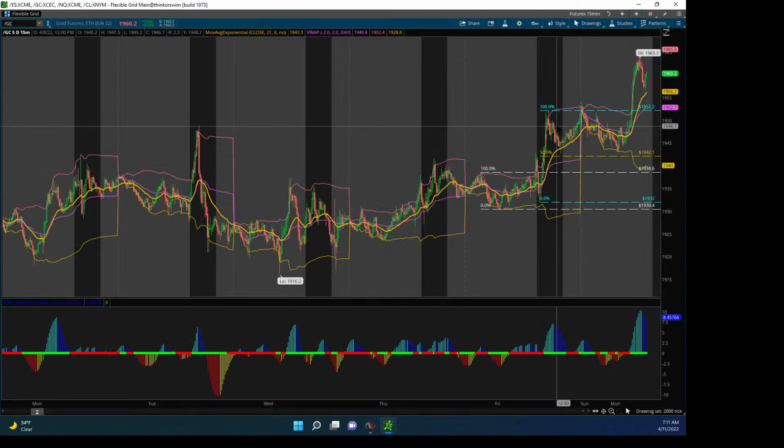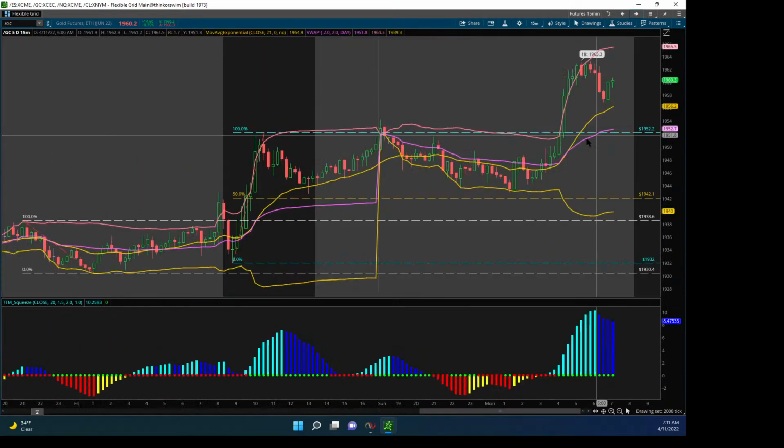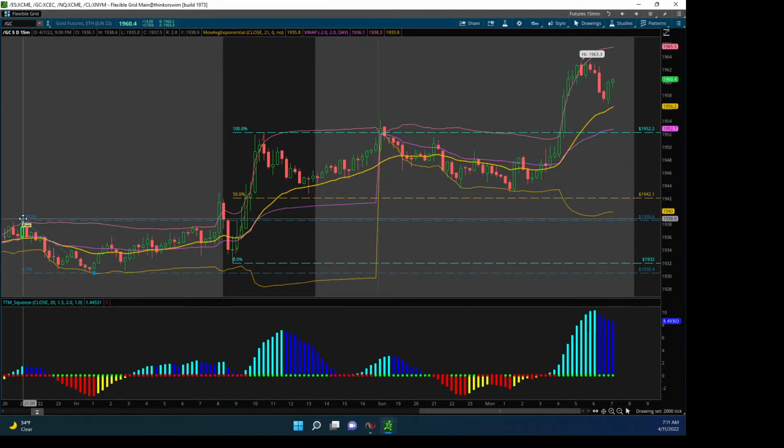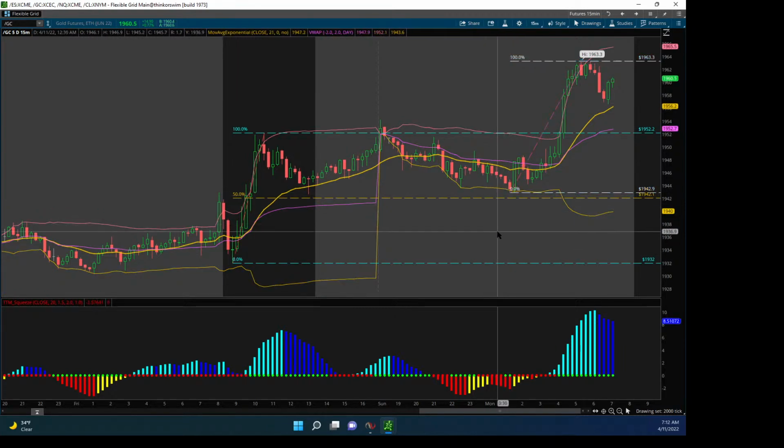Next up is gold, and gold already made a move out of this previous day high. Then in the overnight, I'm gonna mark it right here. I put it right in that high right there, and then this low goes right there. Maybe the previous bar, that one.